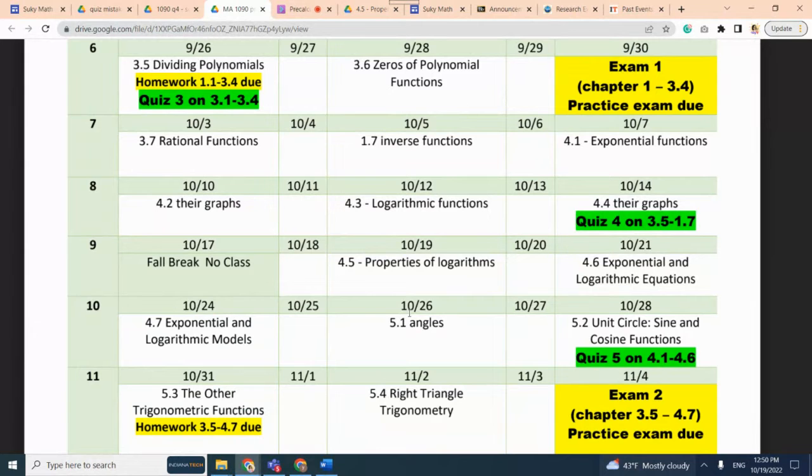And then for Friday, we'll talk about 4.6, exponential and logarithmic equations. And then on Monday, we'll talk about 4.7. So this week, you don't have any quiz, but don't forget to do your homework, okay? Our second homework set is due next Friday.